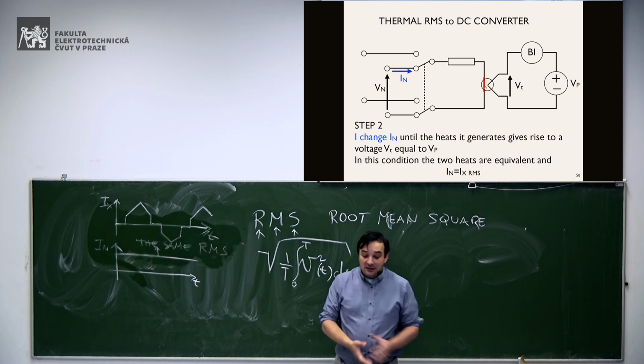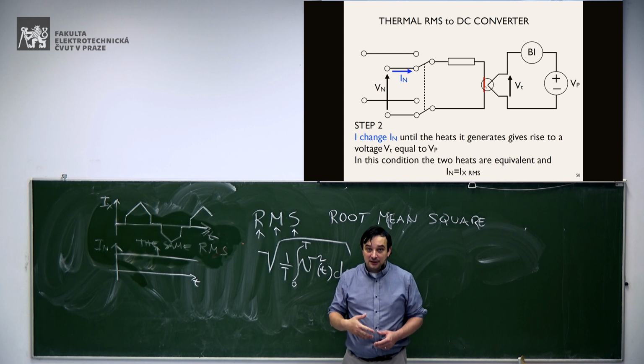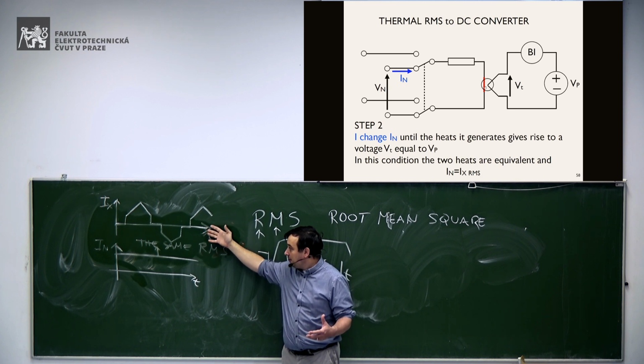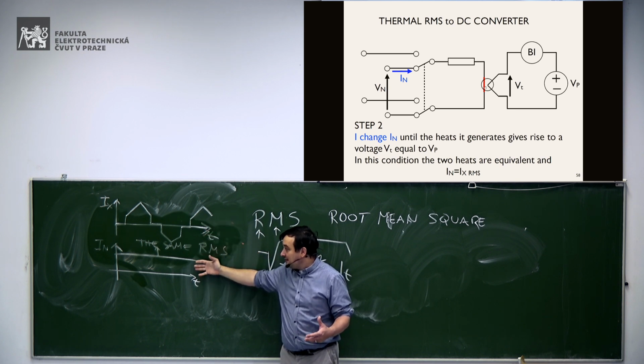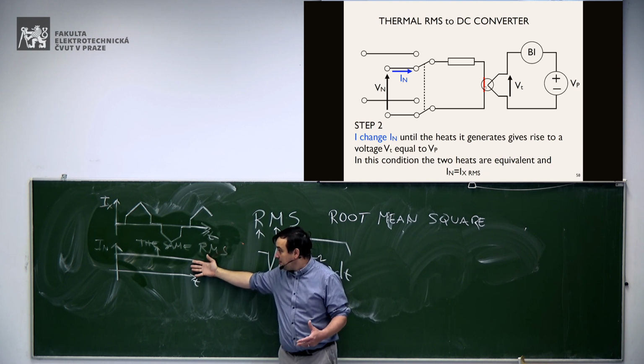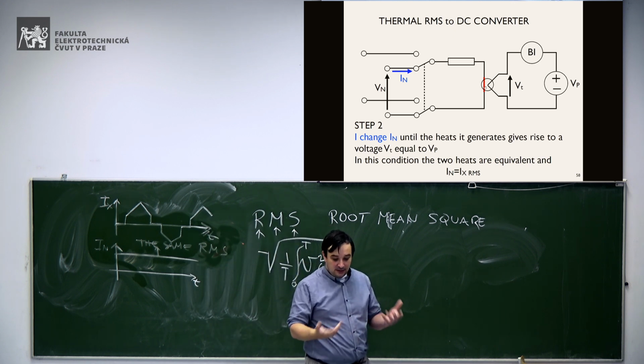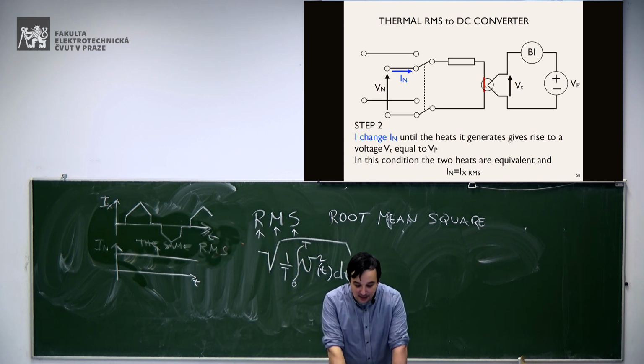That's why it is called RMS to DC converter. It takes a waveform of, generally speaking, any type of shape, and at the output I have a DC signal which has the same RMS value of this one, okay? So you convert any type of waveform to a DC value, which has the same RMS value, okay?